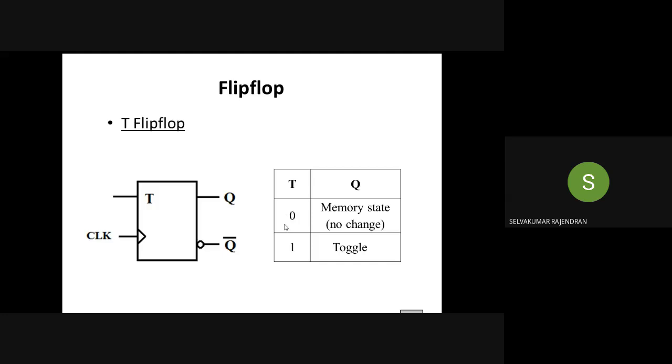When you are applying T equal to 0, it goes to memory state. T equal to 1, it goes to toggle state. The condition is that for all the four flip flops, clock signals should be enabled. Then only you can observe this kind of outputs.